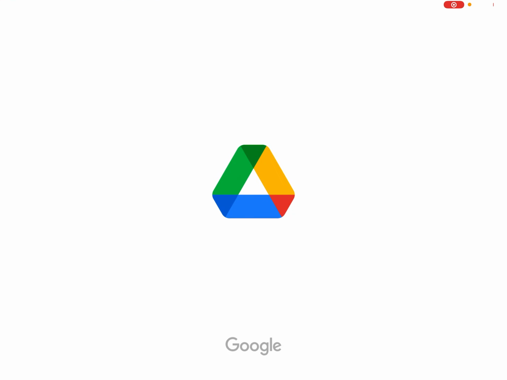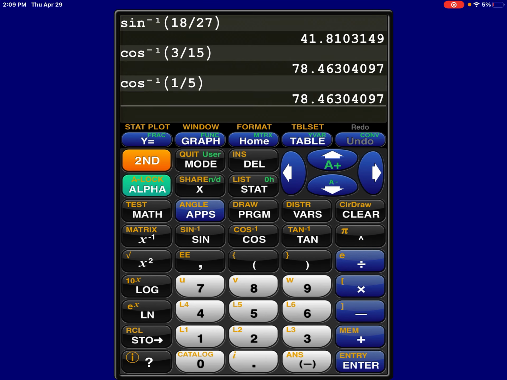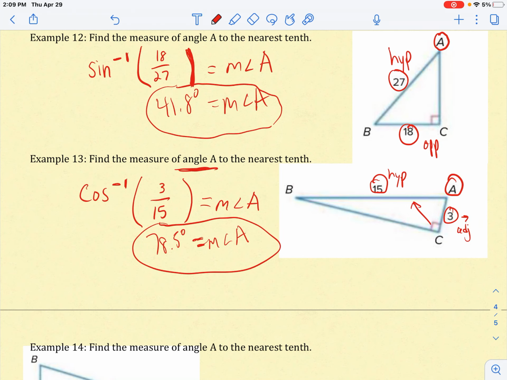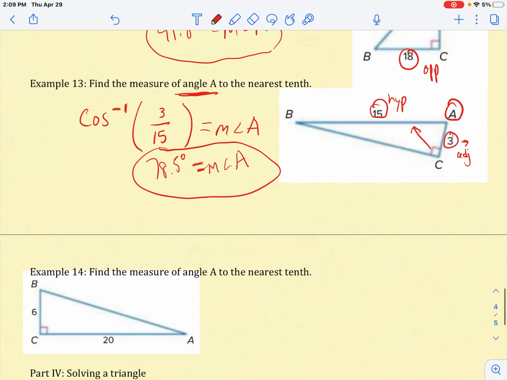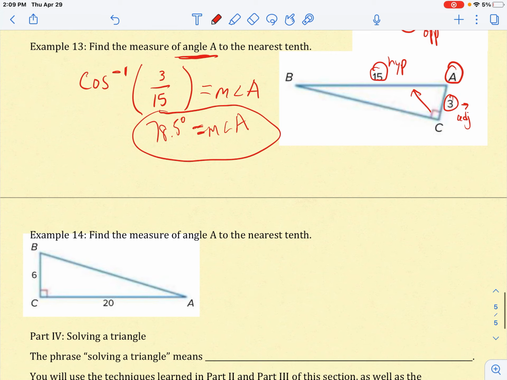If we take a look, inverse cosine of 1/5, you get the same answer, okay? So there's no reason to simplify. You can simplify, but I would say no because that just introduces a place where you can make a silly mistake, okay?